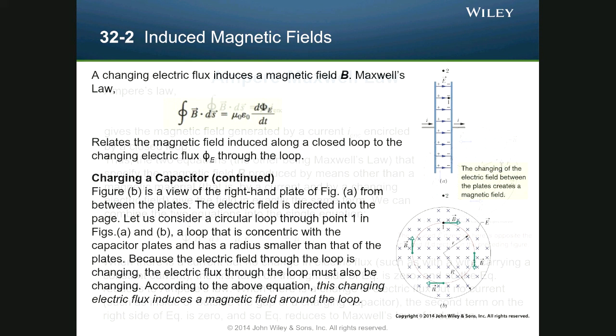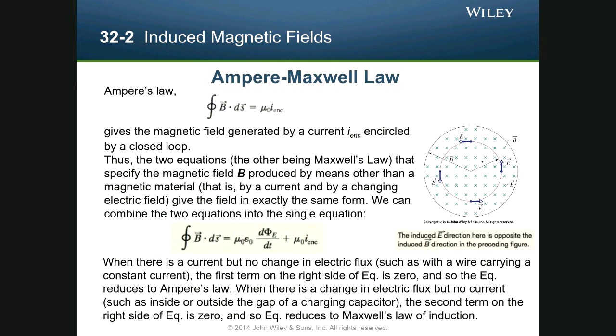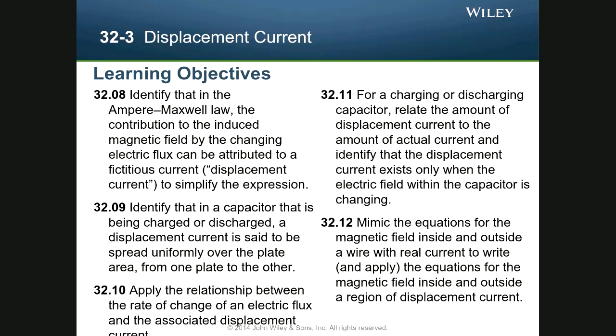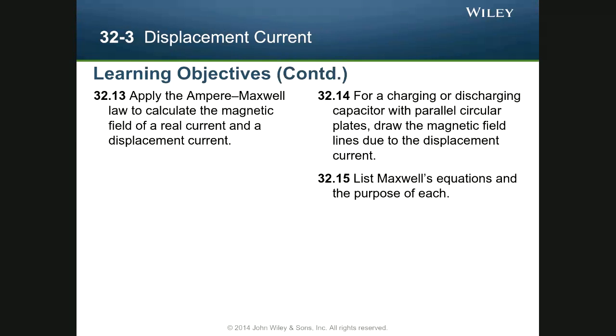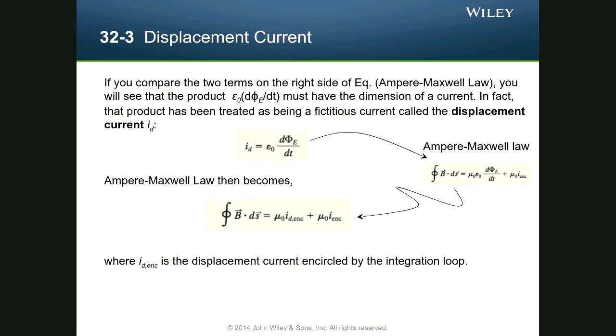That created the Ampere-Maxwell law and this nicer version of it. But this particular object, this displacement current, you'll notice only matters on how the electric field, or the electric flux, changes with time.